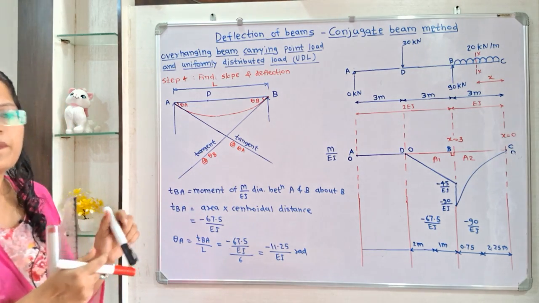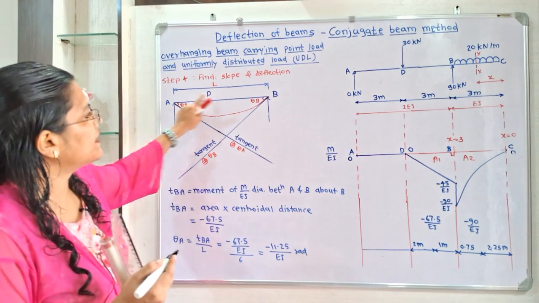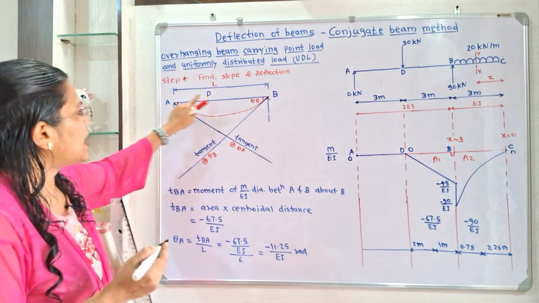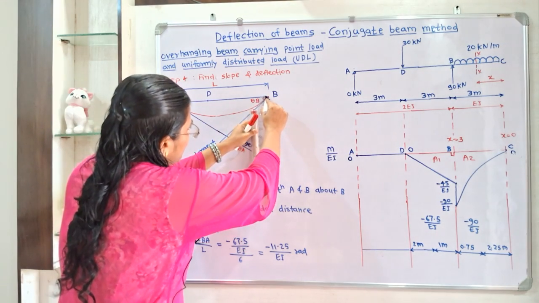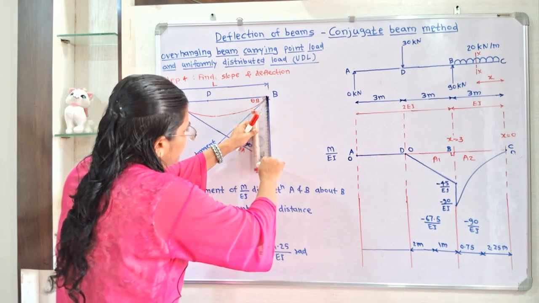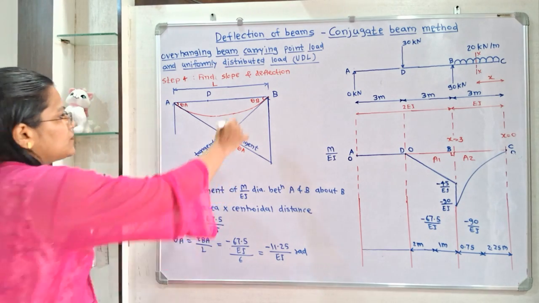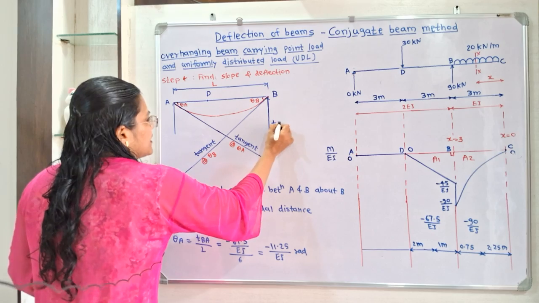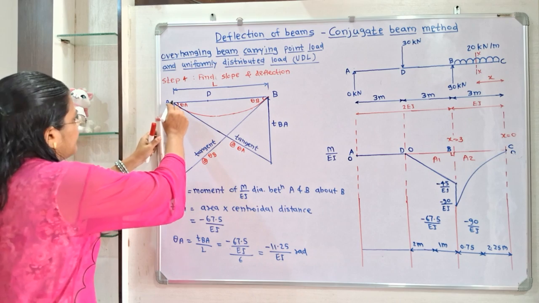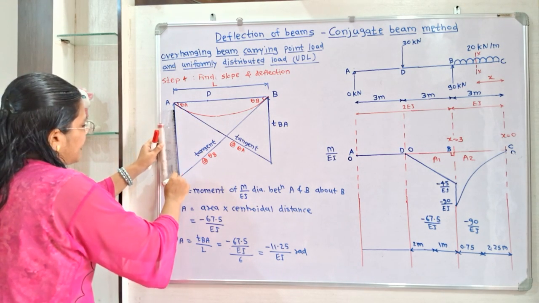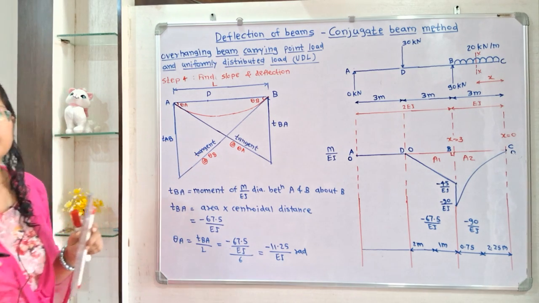Now we will make one construction. If I draw one perpendicular line from this point B, why do we select point A and point B? Because these are the supports. So if I draw one perpendicular line from the point B on this tangent at theta A, then this vertical line will be TBA. And if I draw one perpendicular line from A on the tangent at B, then this line will be TAB.